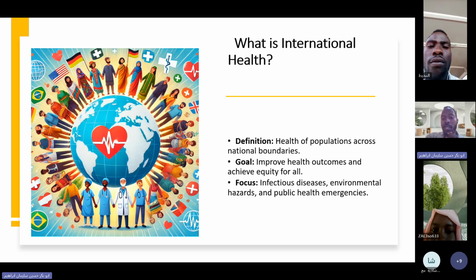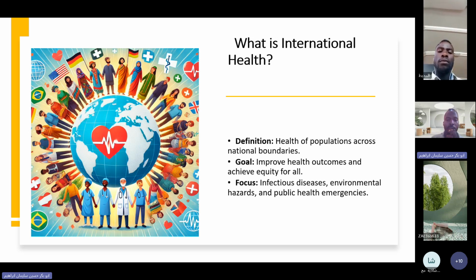This is international health. It is the health of the population across national boundaries, and how people in different nations can be healthy and protect their health from the movement of disease.